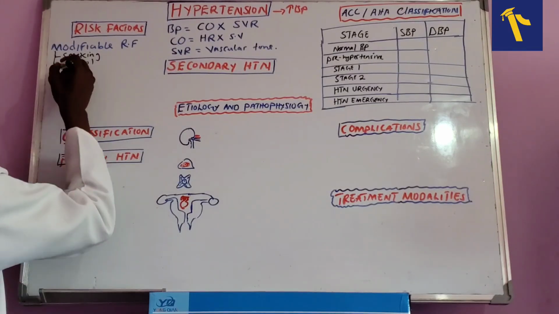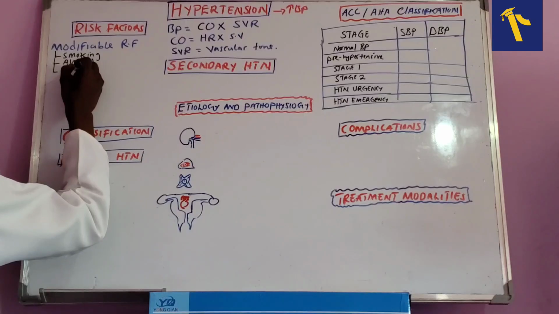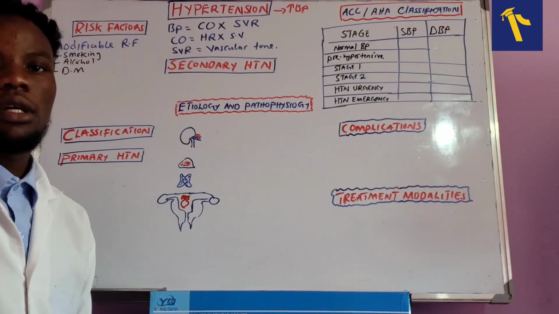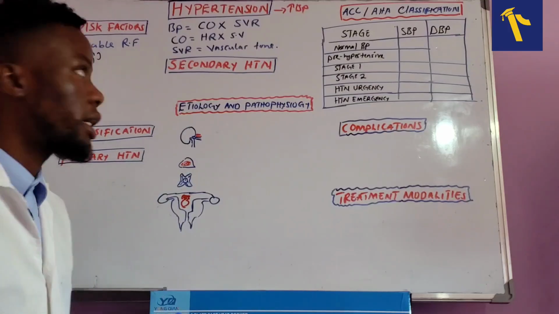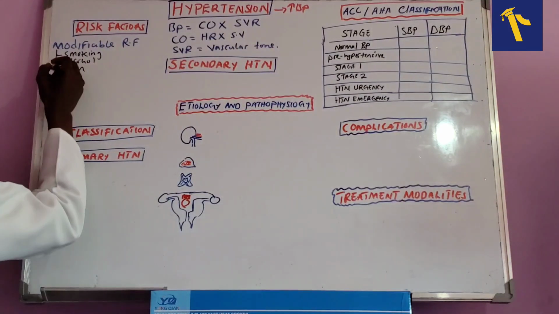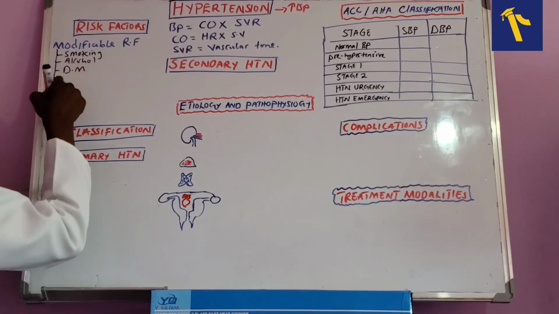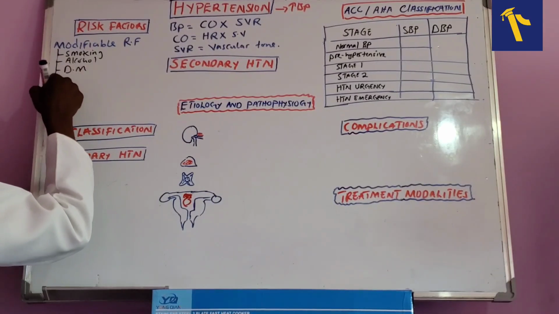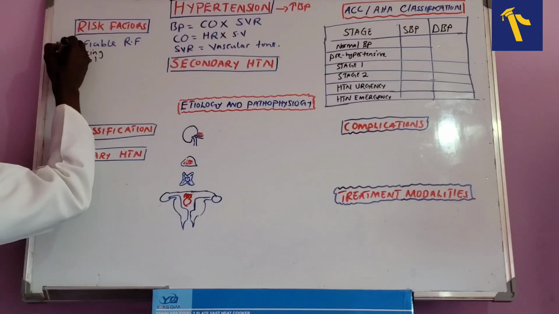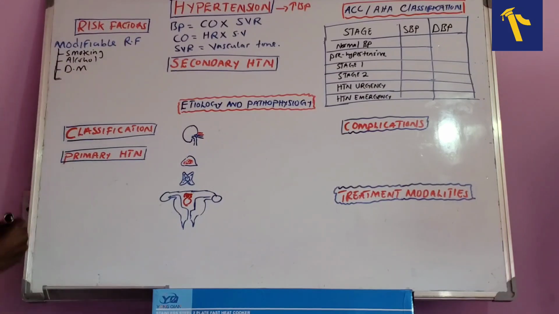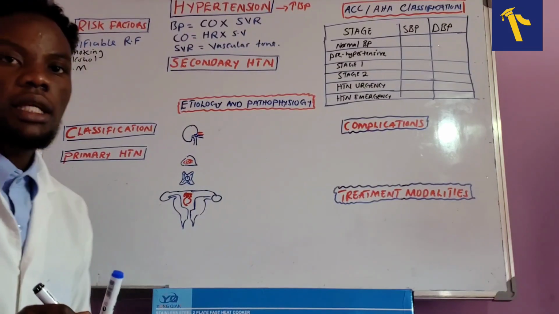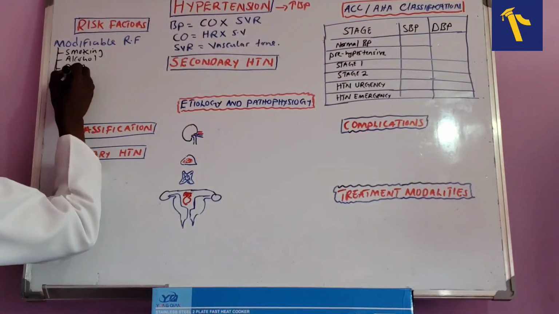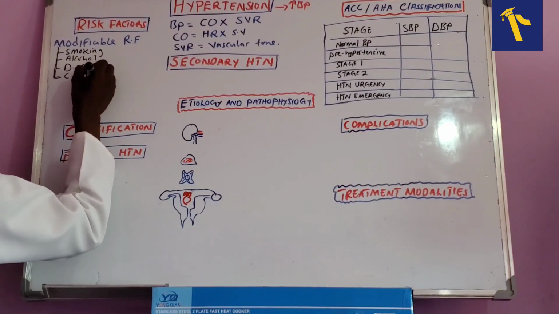Maybe someone with, let's just say, diabetes mellitus. Diabetes mellitus is one of the modifiable risk factors. Then apart from diabetes mellitus, maybe someone with chronic kidney disease, CKD.